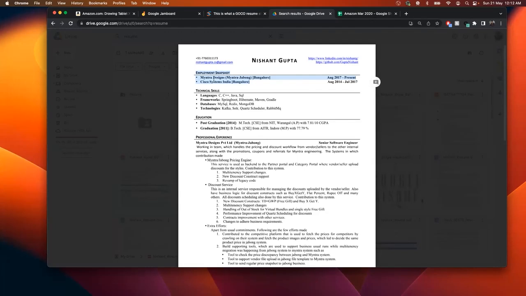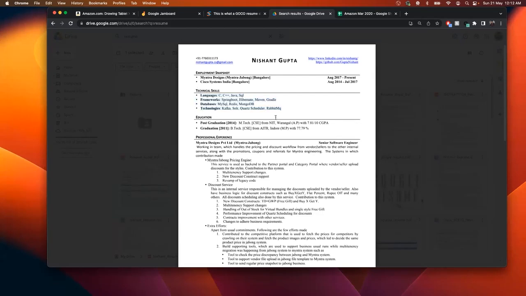So the employment snapshot is just a summary of where you have worked so far. Then the technical skills. What are the different technical skills you know? This is going to be a selling point for you to the company.